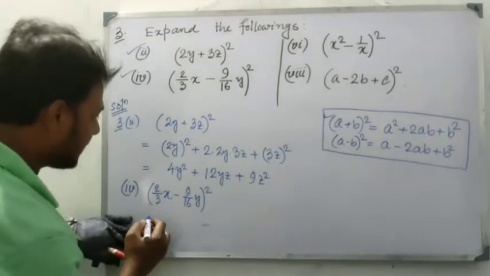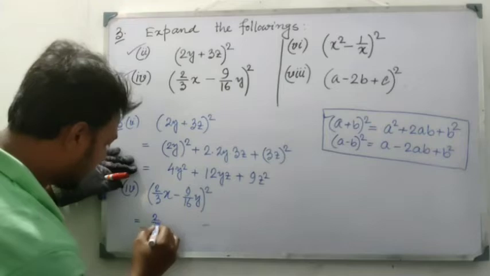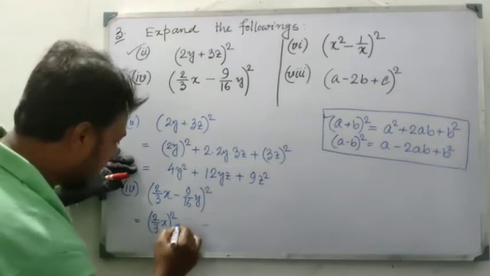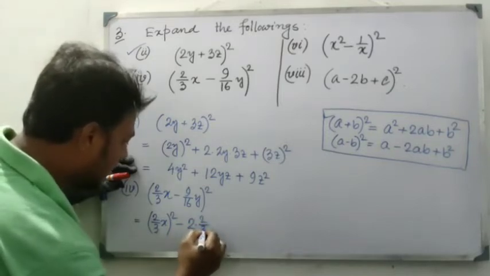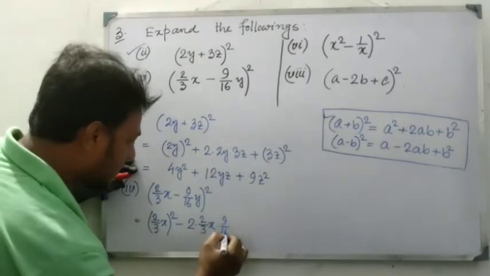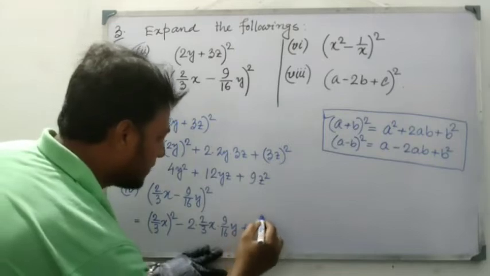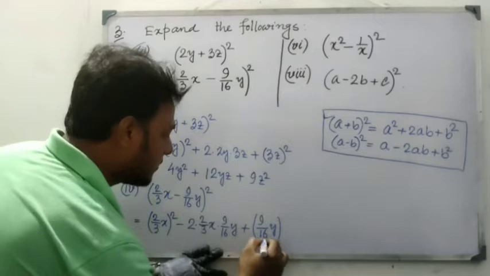So if we expand it, then (2/3 x) square, this is our a, minus 2ab. 2ab means 2 into 2/3 x as the first one, and the second one is 9/16 y. So 2ab is completed. Next, plus b square, that means (9/16 y) whole square.